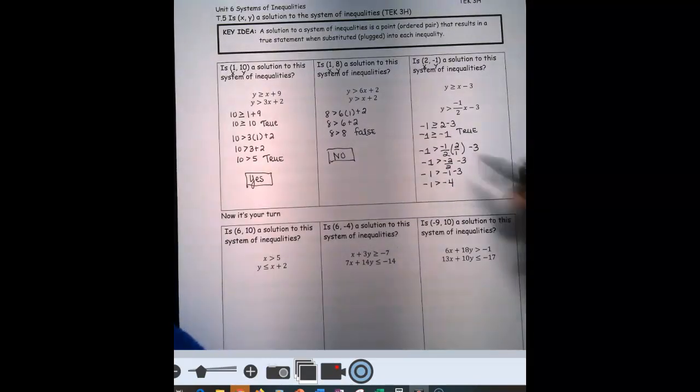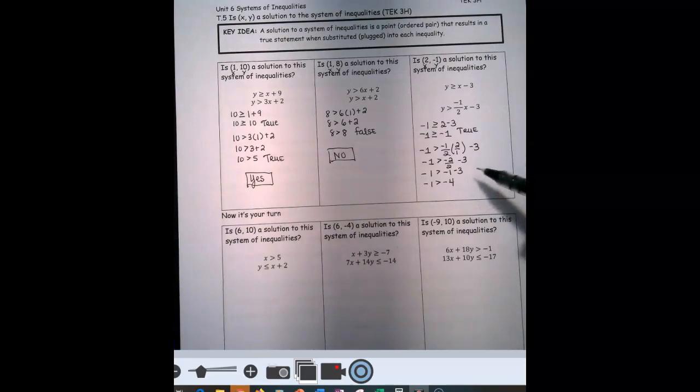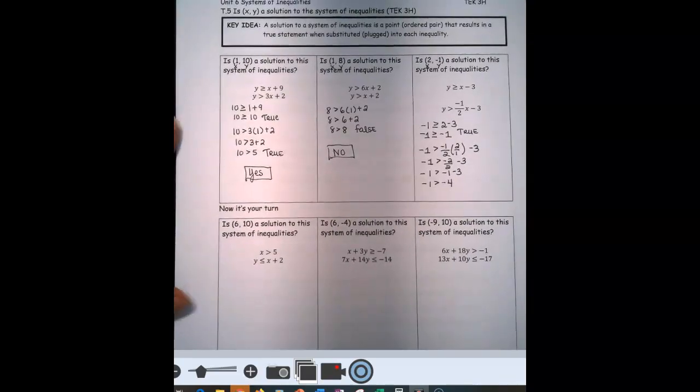So now, here you have to think about the number line. Where is negative 1 in relationship to negative 4? Well, negative 1 is to the right of negative 4, because remember, on the negative side, the closer the number is to 0, then the greater it is.